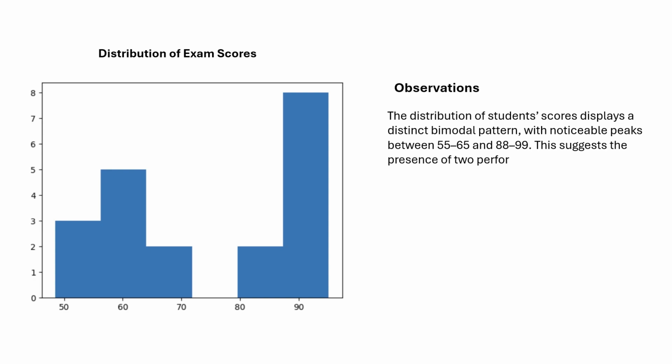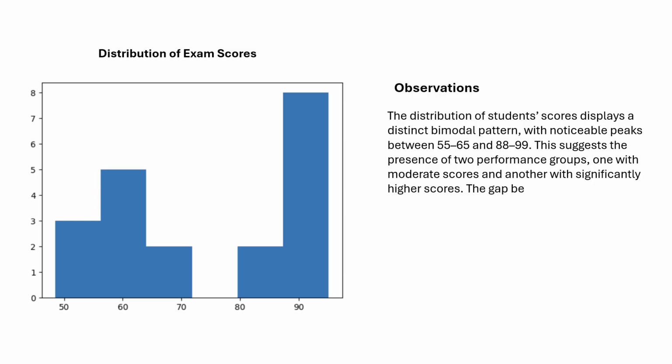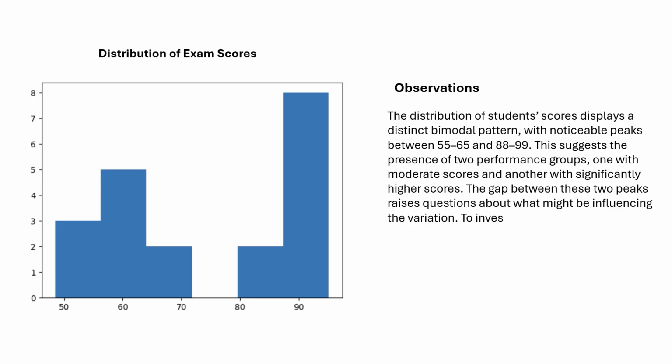This suggests the presence of two performance groups, one with moderate scores and another with significantly higher scores. The gap between these two peaks raises questions about what might be influencing the variation. To investigate this further, I am curious to see whether age has any impact on exam performance.